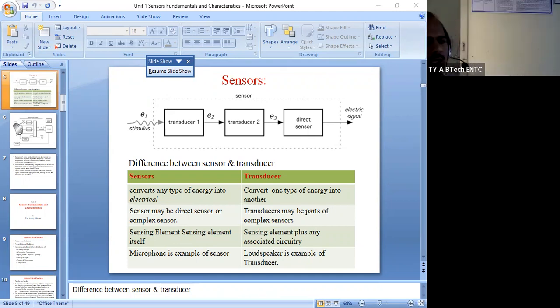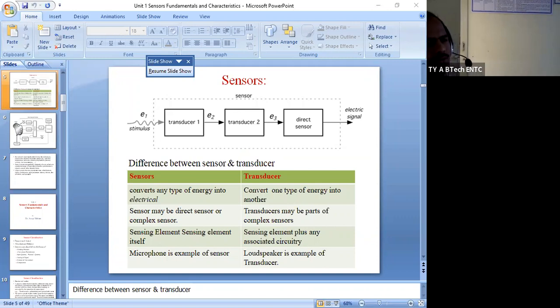These are qualities of the environment: pressure, humidity, light intensity, force, weight, level, and obstacle detection with ultrasonic or radar type sensors. According to your requirement you are able to measure these physical parameters from the environment.